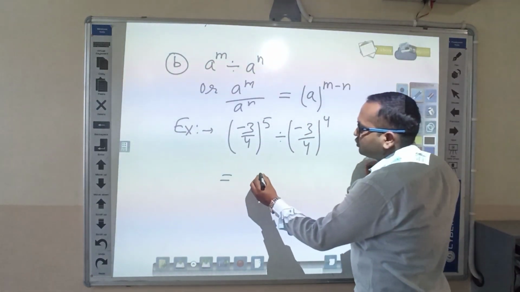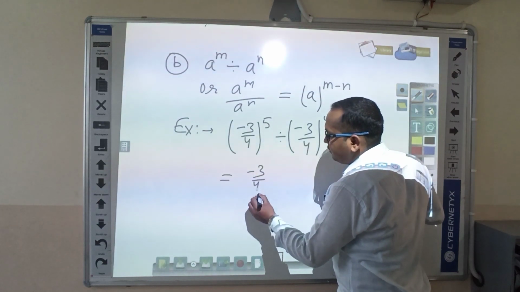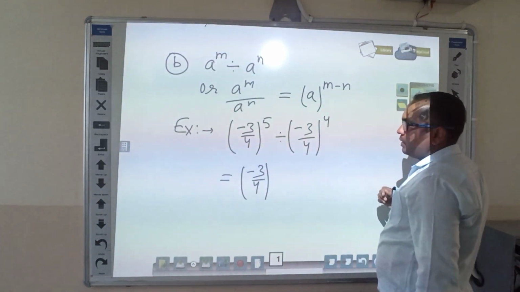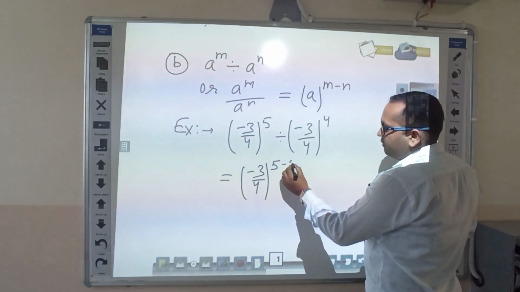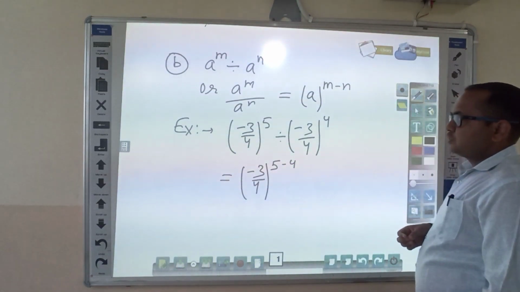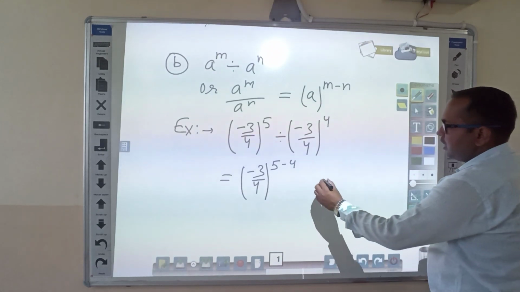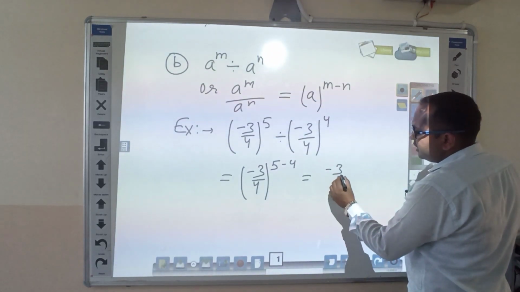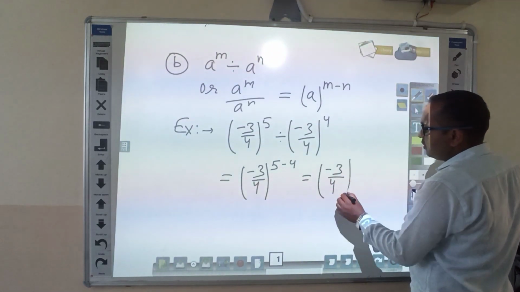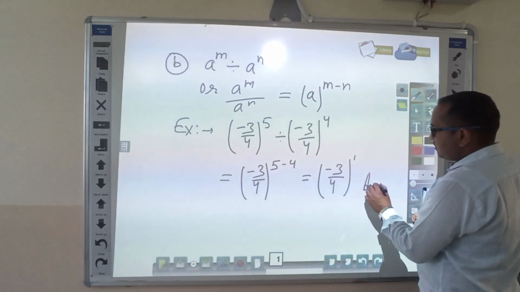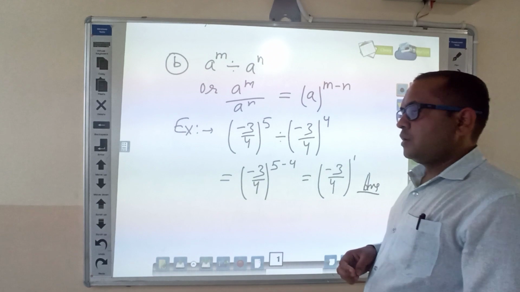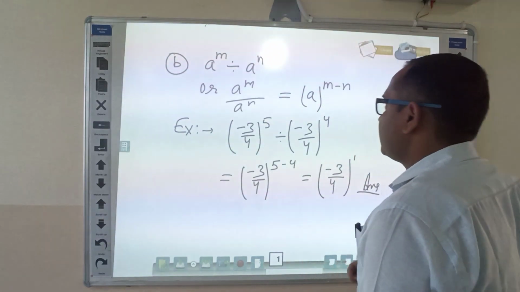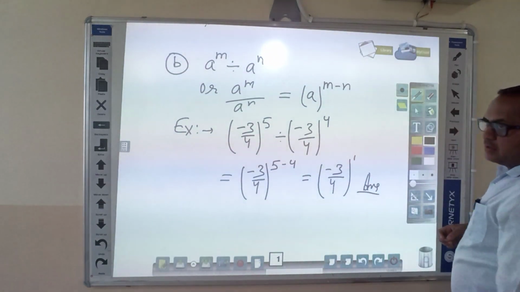So we take minus 3 by 4 common and the difference of the exponents. So 5 minus 4 gives minus 3 by 4 to the power 1. This is the required solution of the second law of exponent. Please write it in your copy.